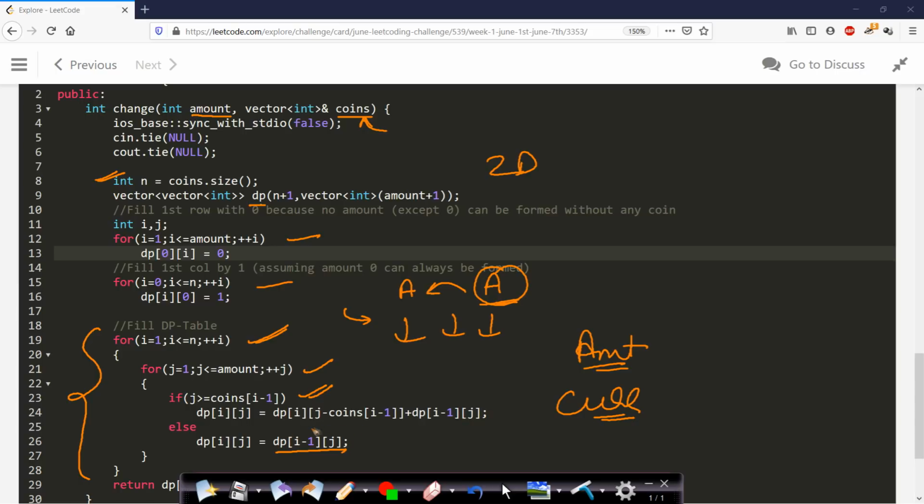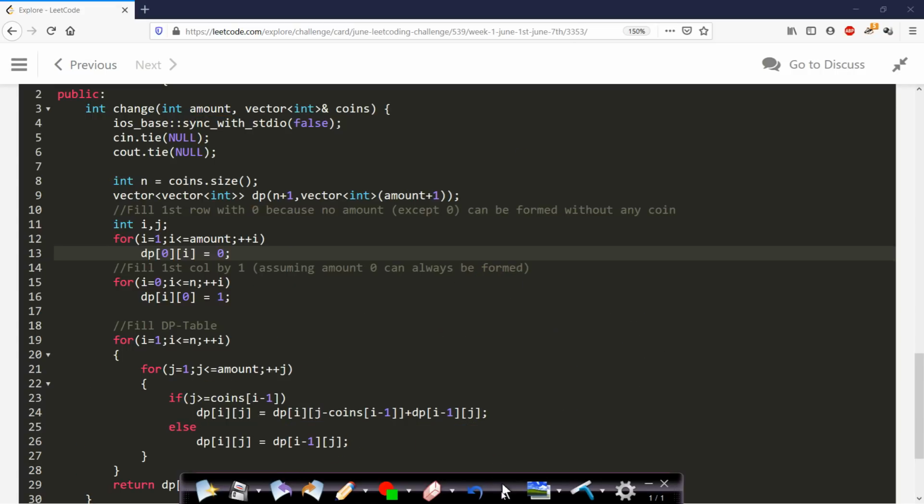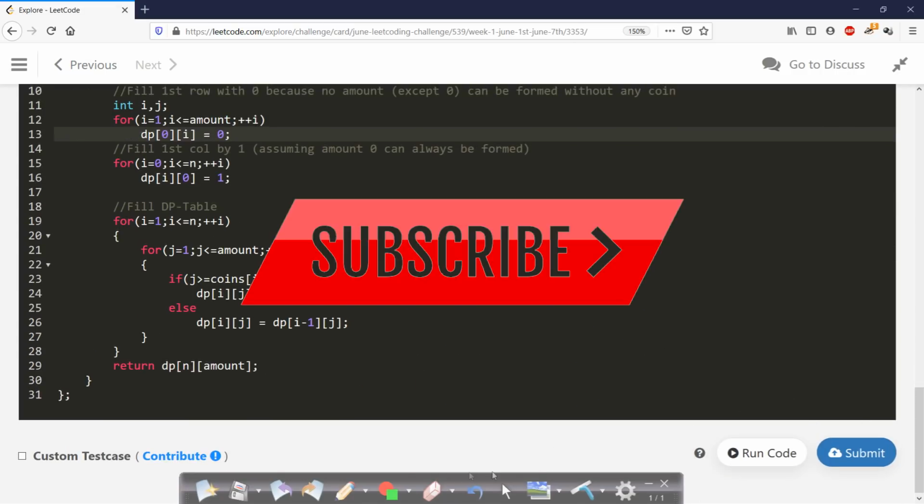We can either include this current coin or we can exclude this current coin. Otherwise, if the current coin is larger than your given amount, then you can never include the current coin, and so you will have to just exclude the current coin. And after filling this entire dp table, you will have to return the last value, which is dp at n and amount. So this is the entire solution.